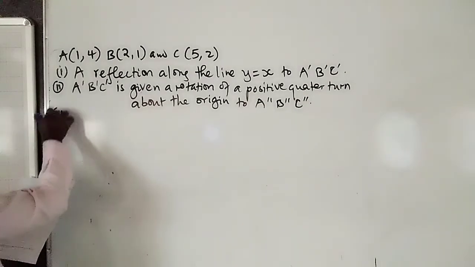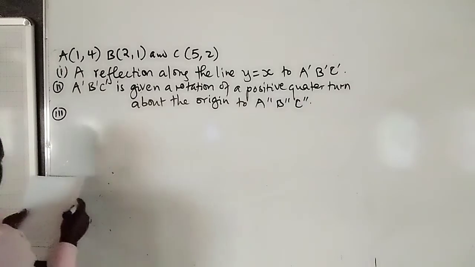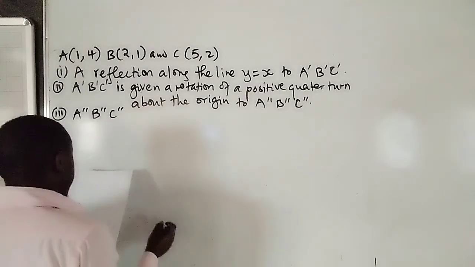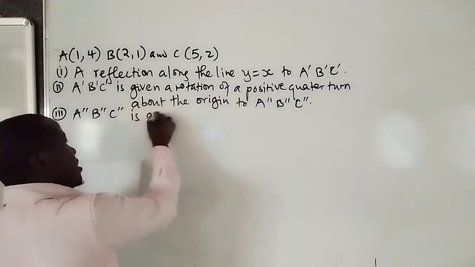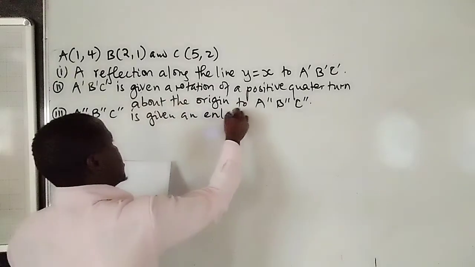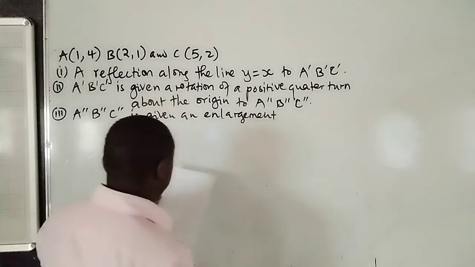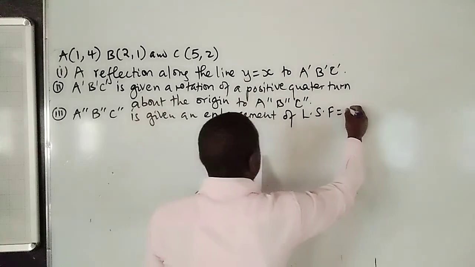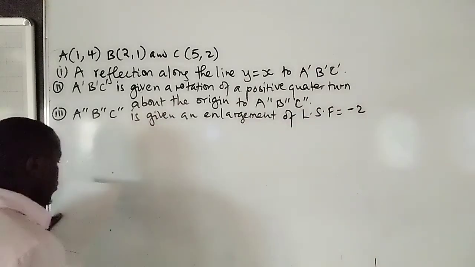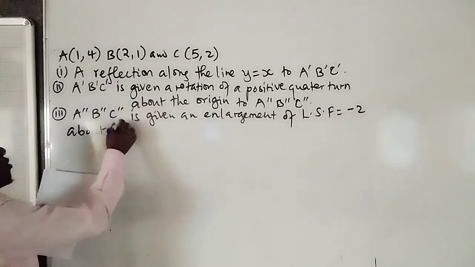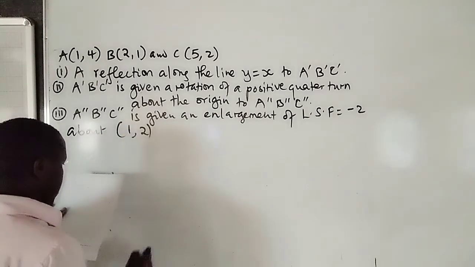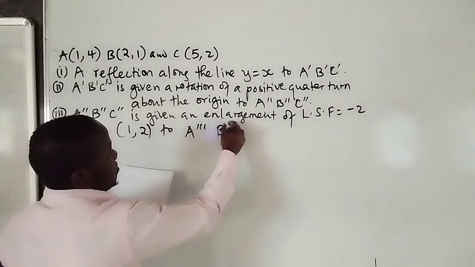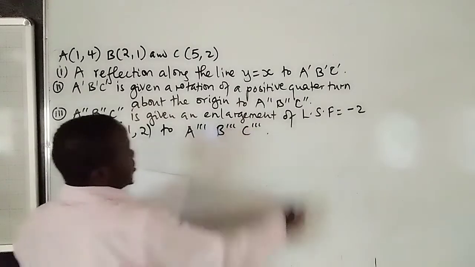And Roman 3, A double prime, B double prime, C double prime is given an enlargement of linear scale factor -2 about coordinate (1, 2) to give us A triple prime, B triple prime, C triple prime.